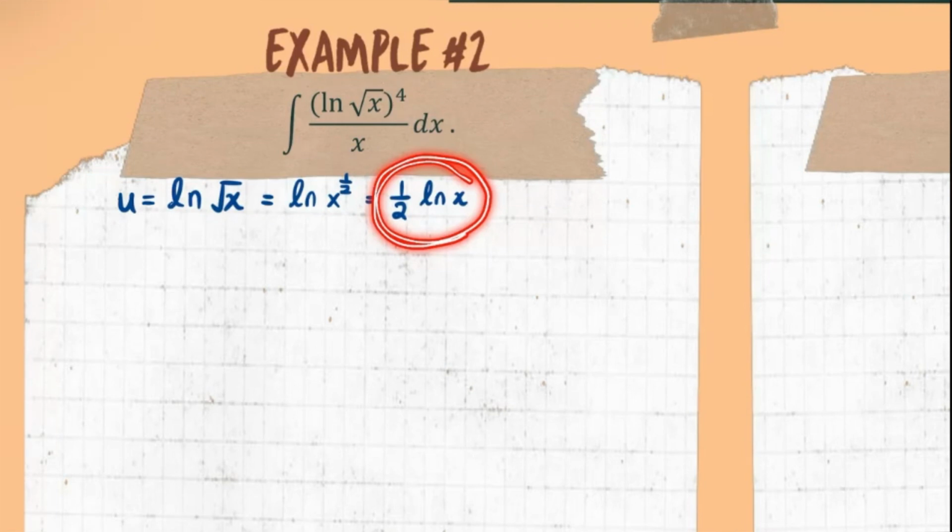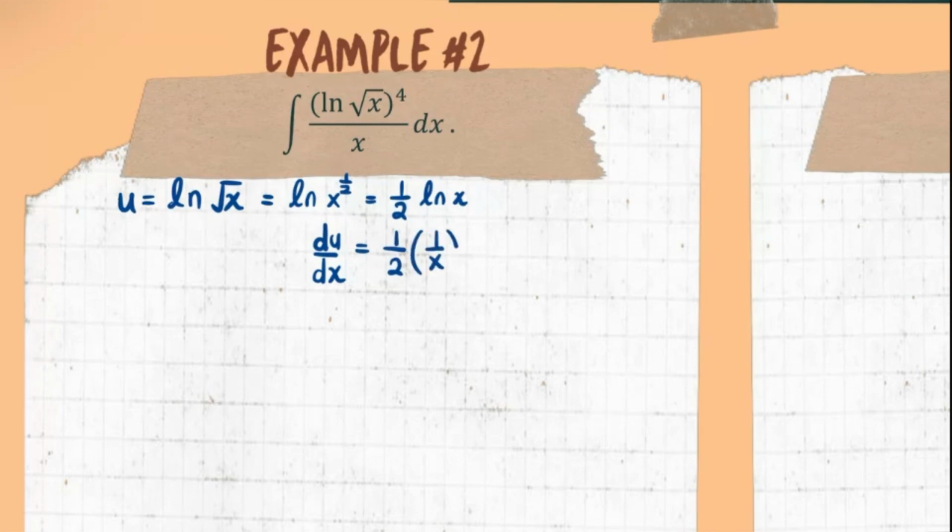Okay, so now tadi u ini saya dah tulis sebagai 1 over 2 ln x. So that means our du over dx will be, okay, differentiate 1 over 2 ln x will be 1 over 2x. Okay, so nampak tak? Differentiate ln x, kita dapat 1 over x.